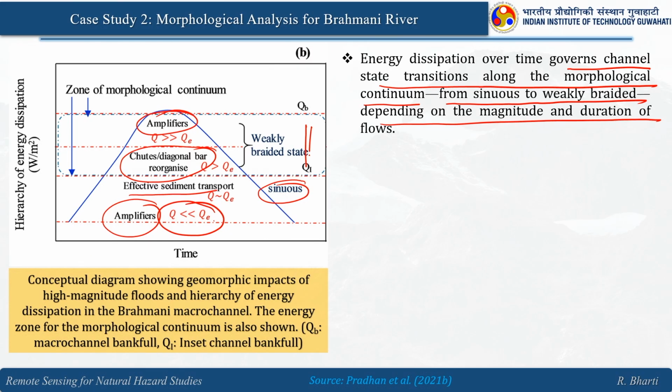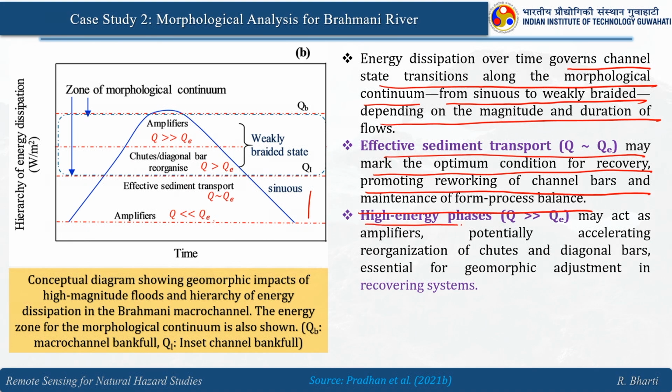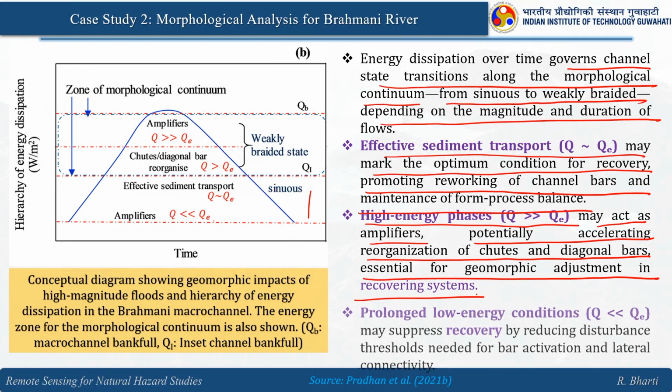So, this is the weakly braided state, and this is the sinuous state, and this is the zone of your morphological continuum, right. Effective sediment transport may mark the optimum condition for recovery, promoting reworking of channel bars and maintenance of form-process balance. A high energy phase, where Q is very large compared to QE, may act as an amplifier, potentially accelerating the reorganization of chute and diagonal bars, essential for geomorphic adjustment in the recovery system.